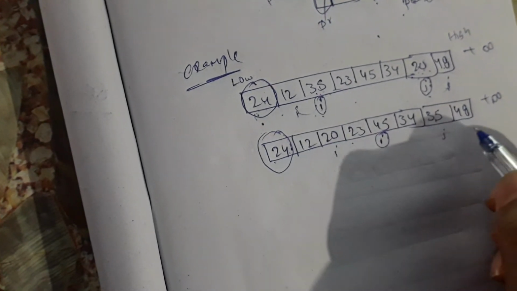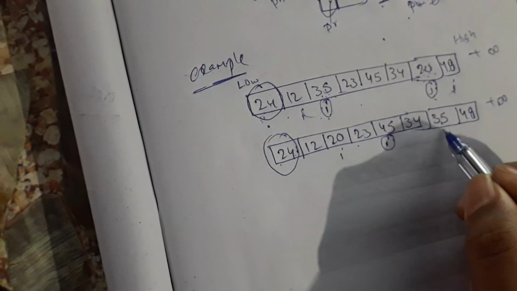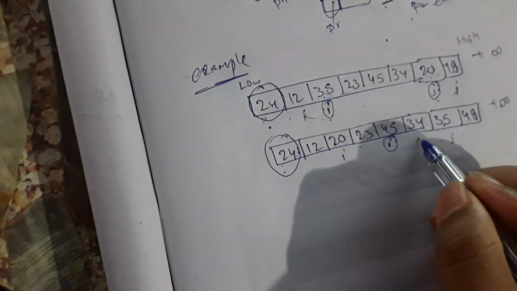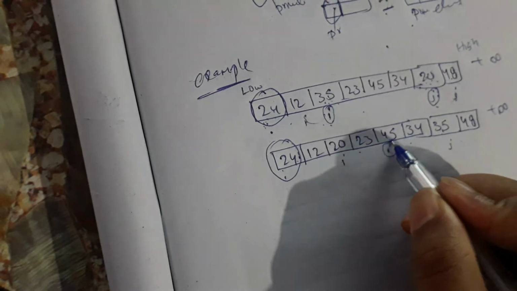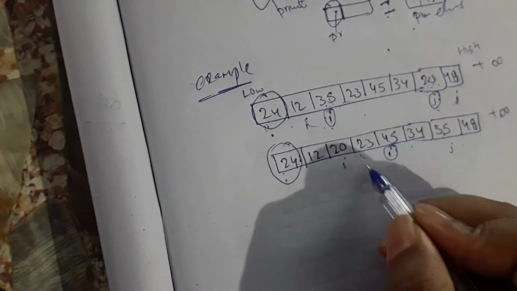Now compare the j side. J is 35 now. Is 35 less than 24? No. 34? No. 45? No. 23? Yes. This will move here.